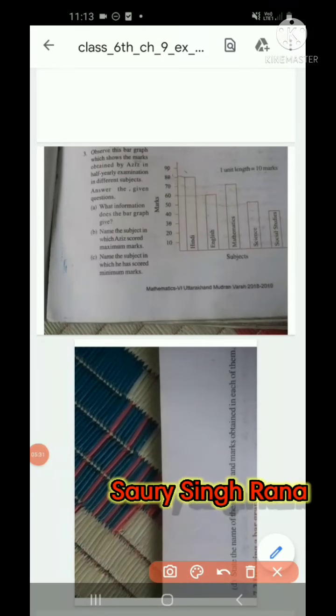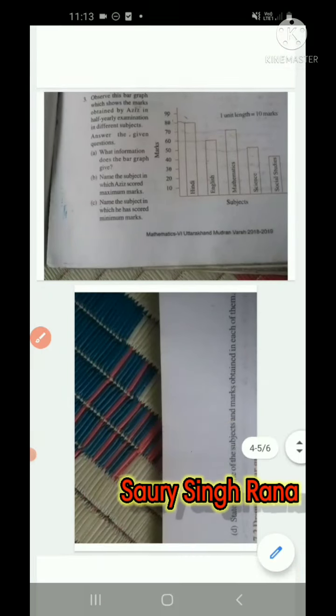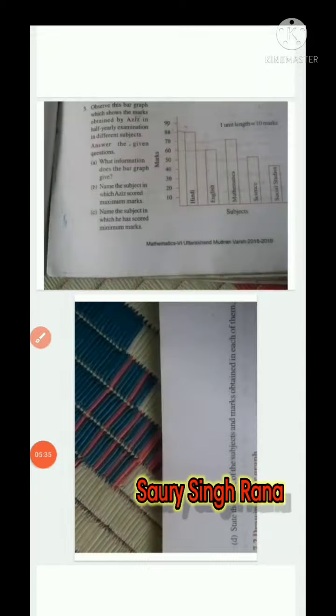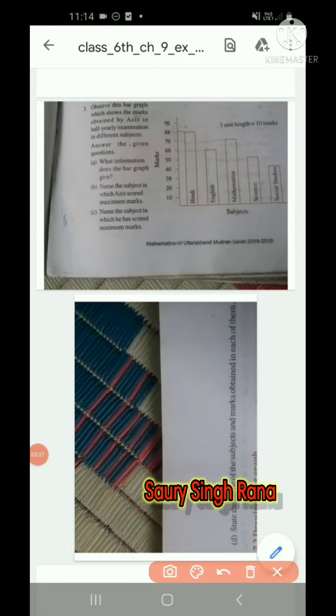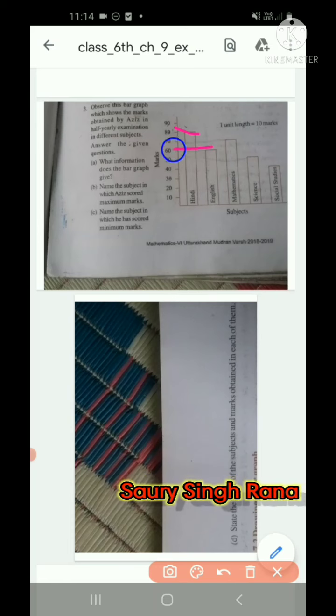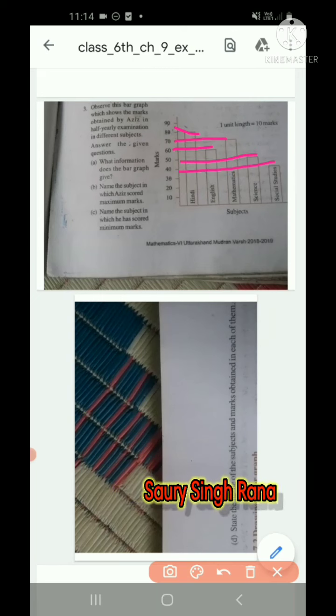Now from this graph we are going to answer part D. So in Hindi he got 80 marks, in English he got 60, in mathematics he got 70, in science he got 50, and in social studies he got 40.